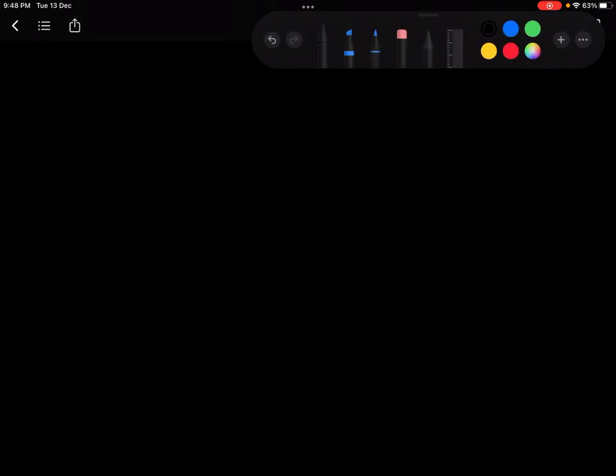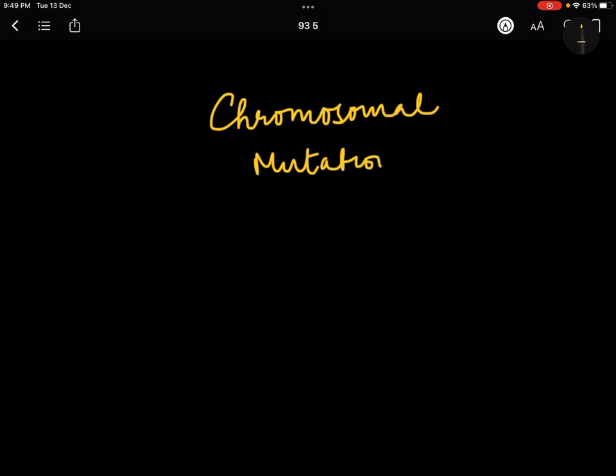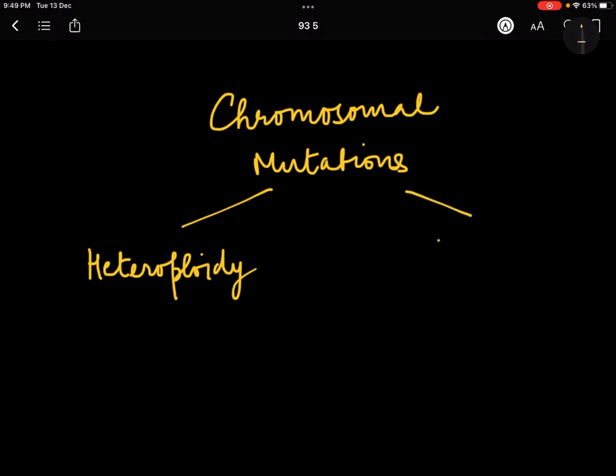So we had divided the chromosomal mutations under two parts. One was the number, which was called heteroploidy, and the other was the chromosomal aberrations, wherein we study the structural part, right?